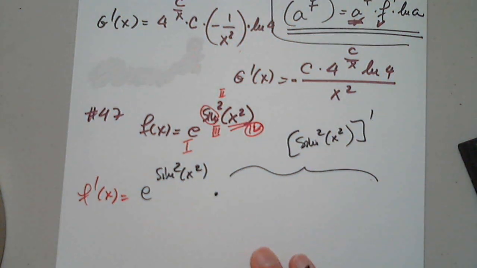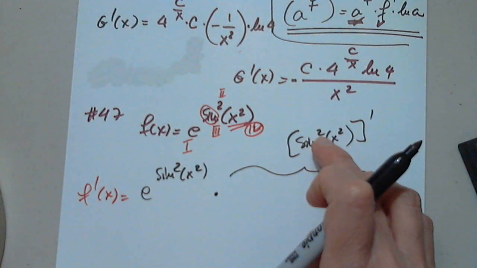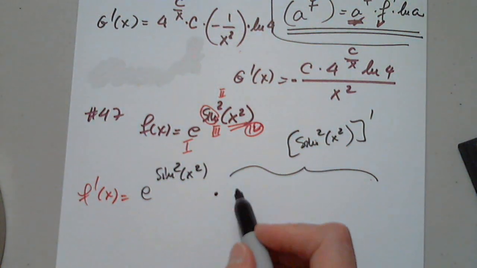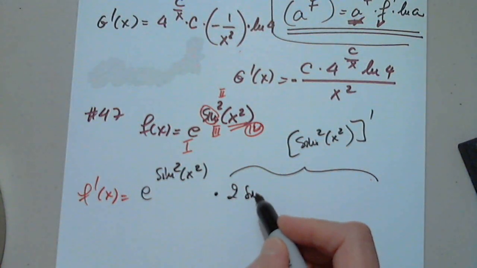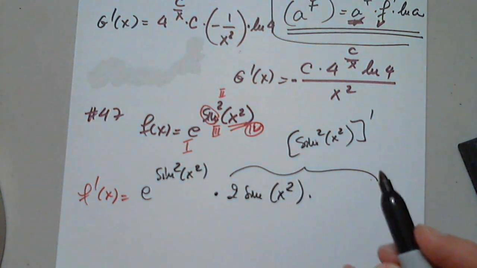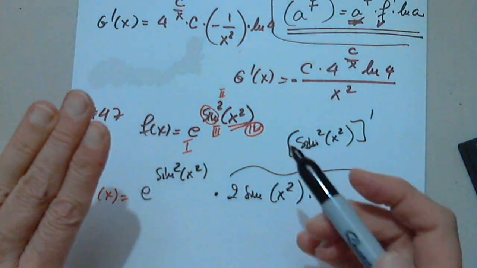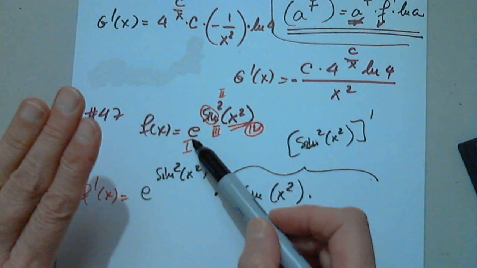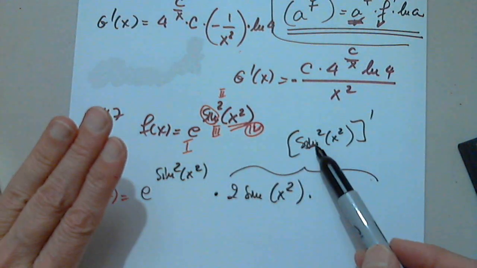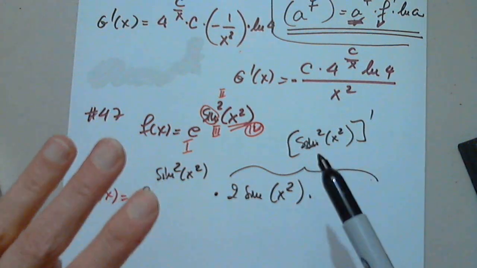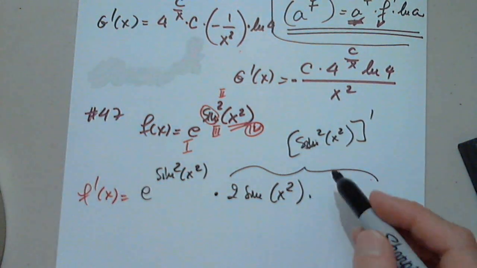Let's do it. I have to differentiate the power first. So 2 sine of x squared times the inner function prime. Now we are at number 3. We differentiated the power, we differentiated e, we differentiated the power, now we differentiate sine. What is sine prime equal to?